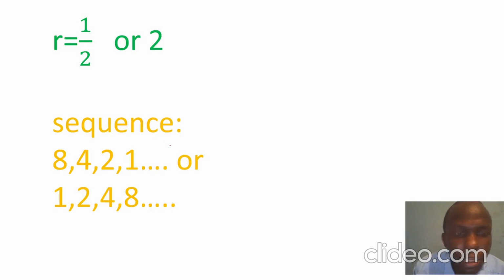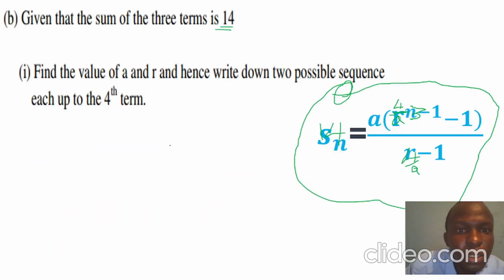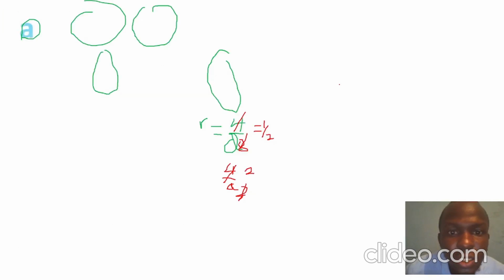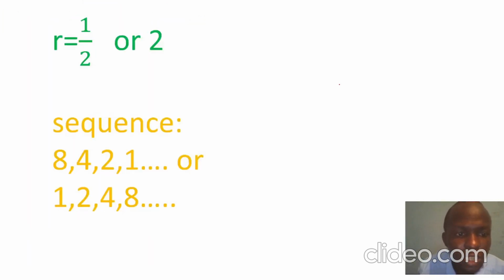Then the question is asking, find the value, hence 2 possible sequences. The first sequence is 8, 4, 2, 1.